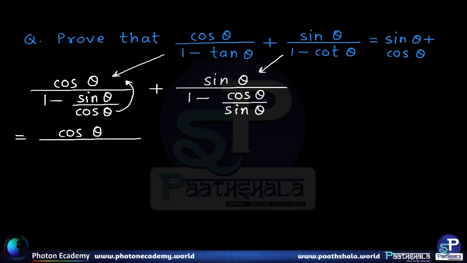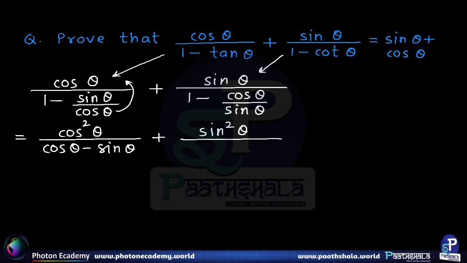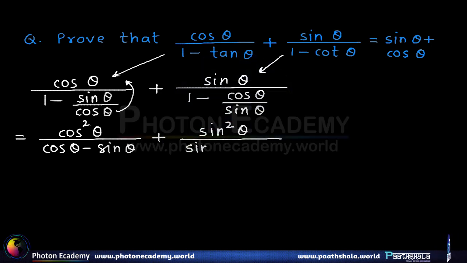So it is cos theta upon cos theta minus sin theta plus, the numerator will become cos square because cos and cos will multiply, and in the second term also the numerator sin will get multiplied with the sin and the denominator will be sin theta minus cos theta.